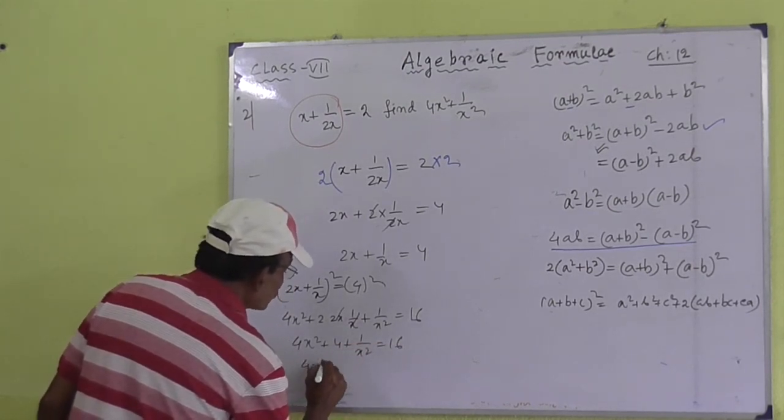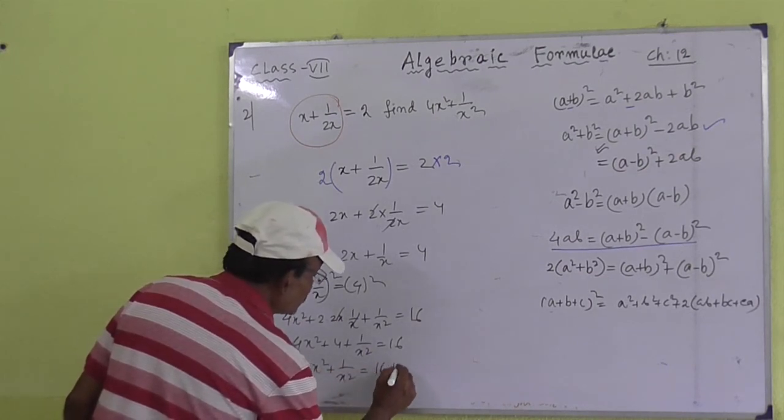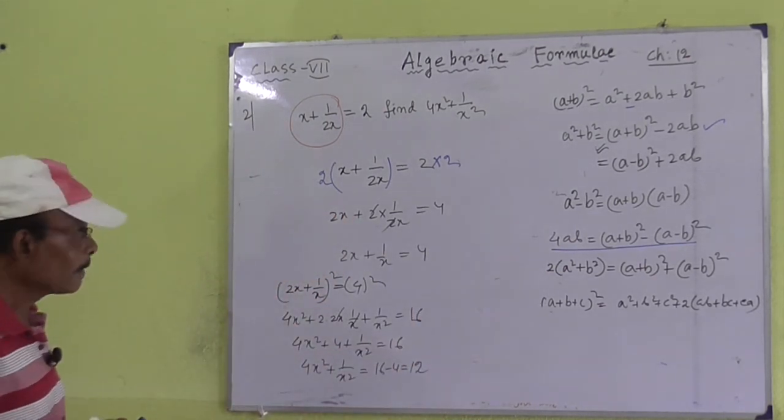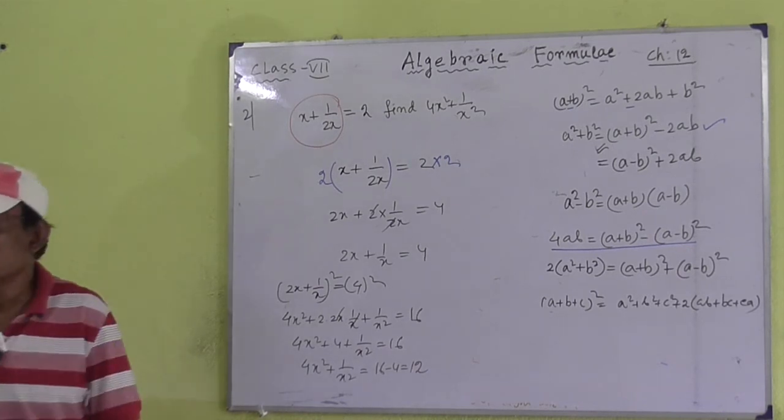So, 4x square plus 1 by x square equal to 16 minus 4 equal to 12. Clear? This sum is very, very important.